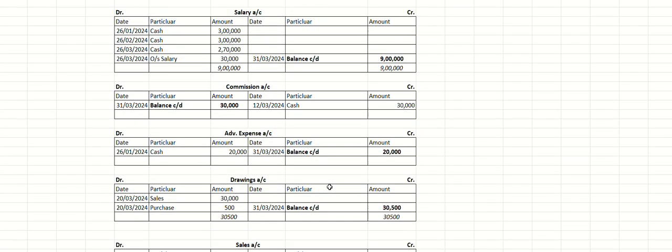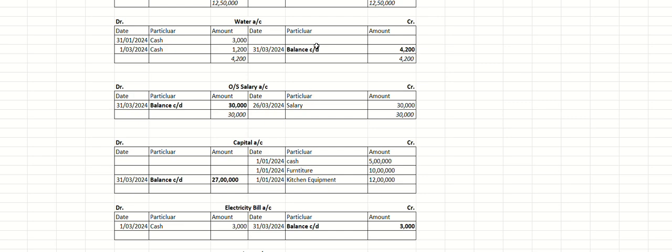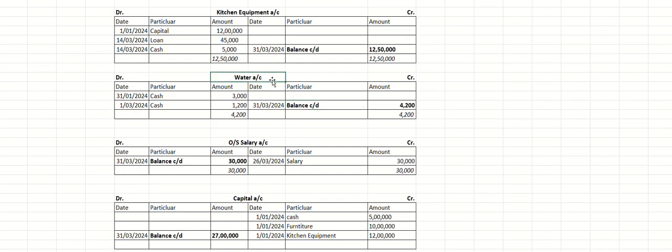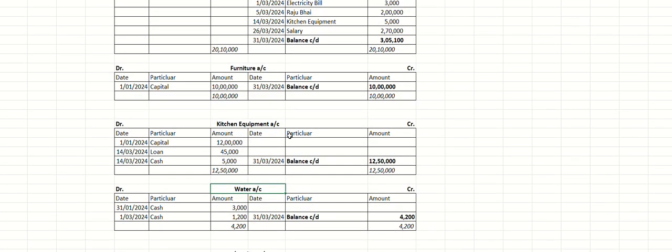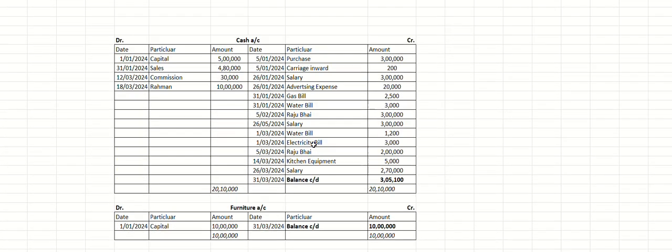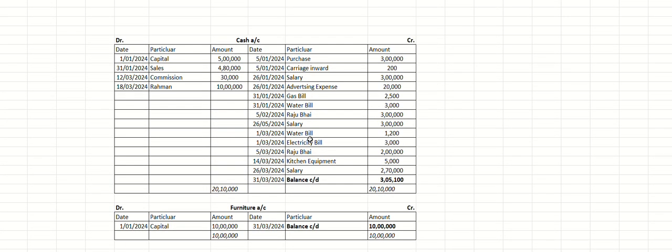So remember that. If the account is of an asset or liability, we can write balance carried down. If the account is for any kind of income or expense, we can't write balance carried down. We should write profit and loss account. If you write it otherwise, don't take it as a very big mistake, but according to the basic concept, it is a mistake. Now we can see how to draw a trial balance.